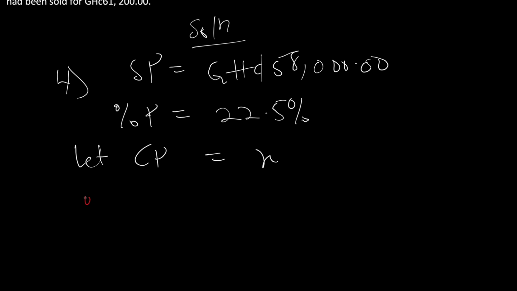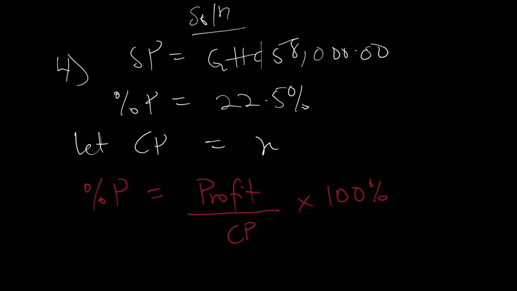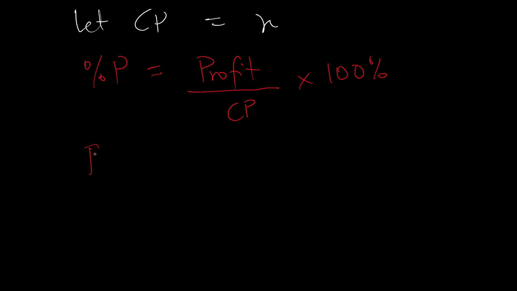So we know that percentage profit is equal to profit divided by the cost price times 100%. And we also know that profit is equal to the selling price minus the cost price.